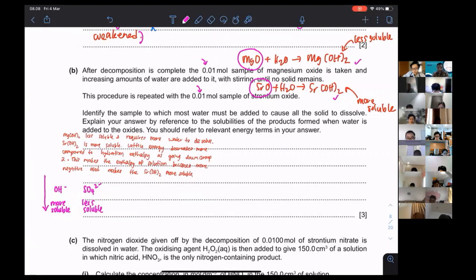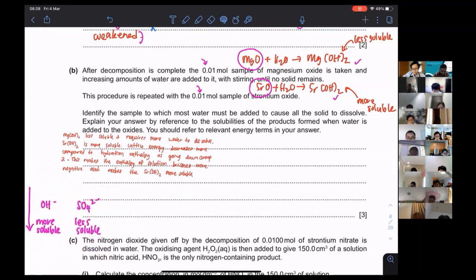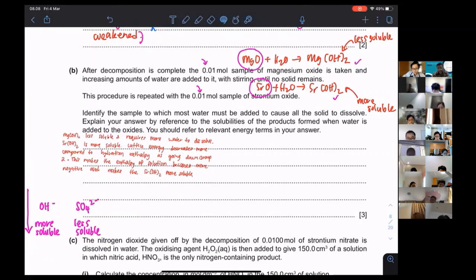Very, very important. This question is asking why; it is trying to test why this is like this. This one we have learned, using the concept of lattice energy, hydration, and solution.